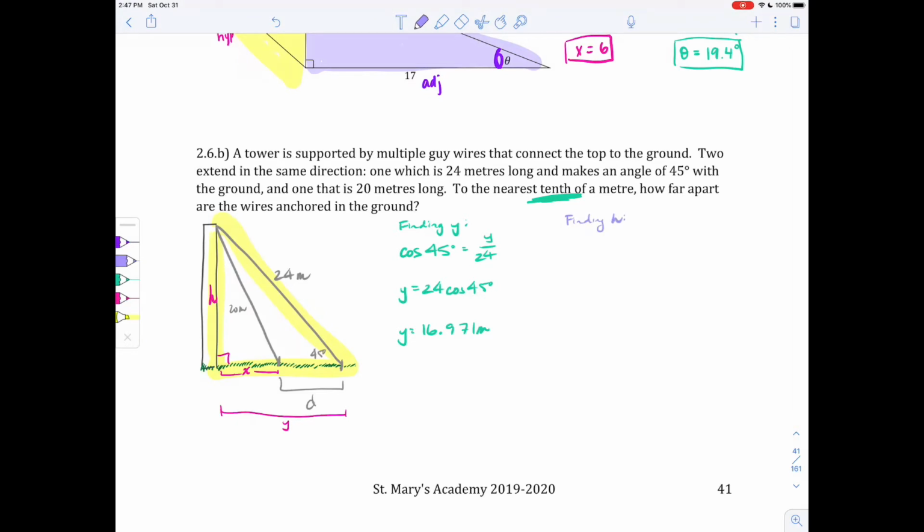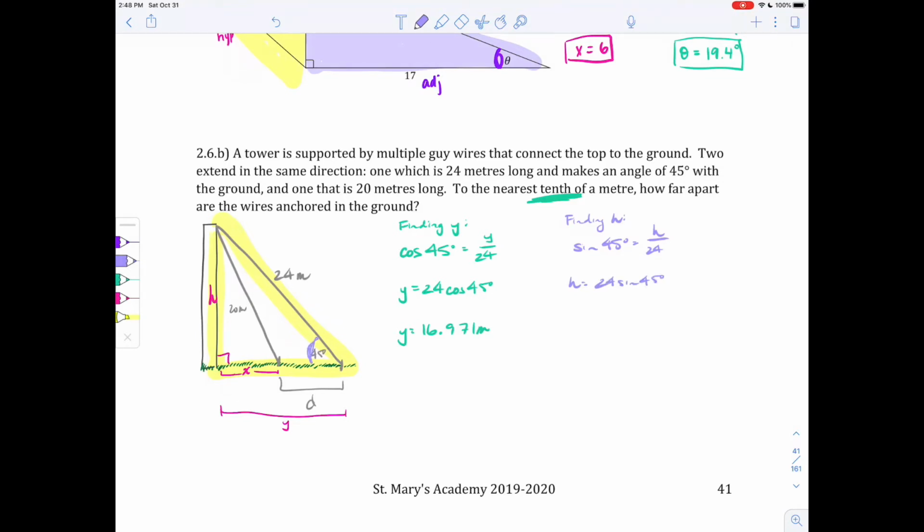Finding h, there's a couple ways to play this. First of all, you could say that the sine of 45 degrees is its opposite side, which is h, over the hypotenuse, which is 24, and solve for h that way.